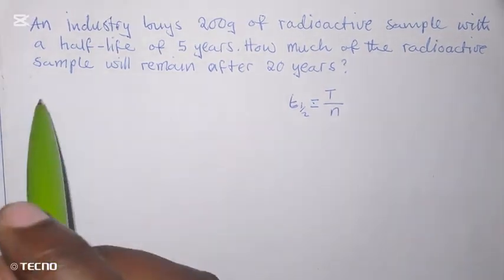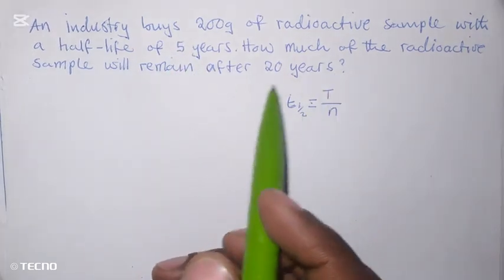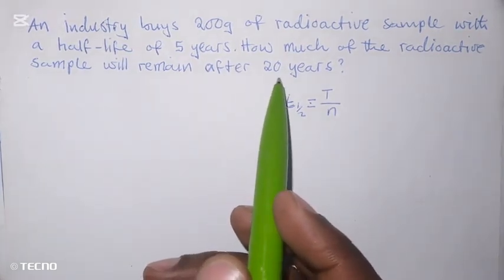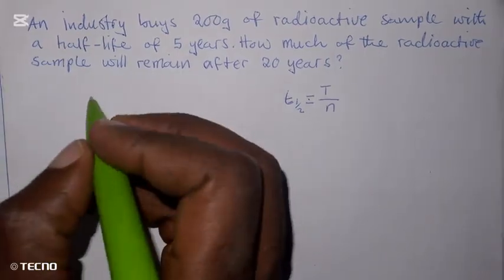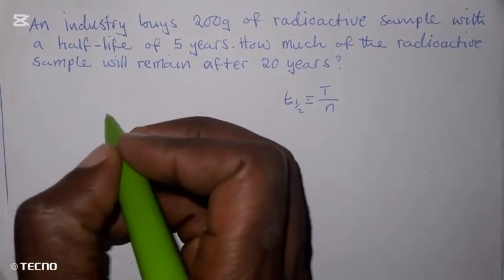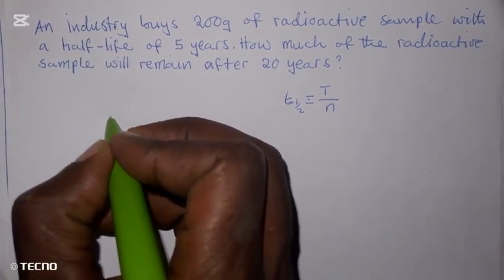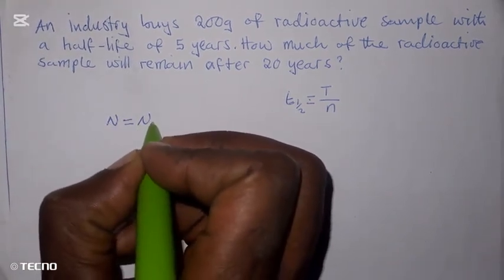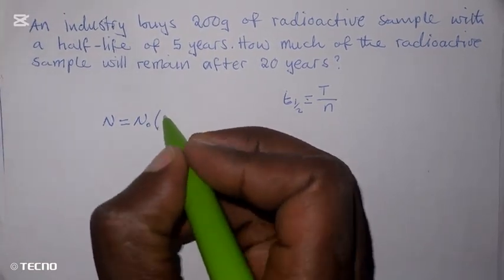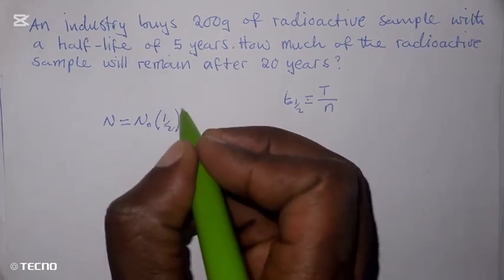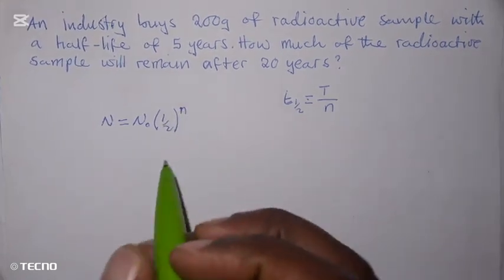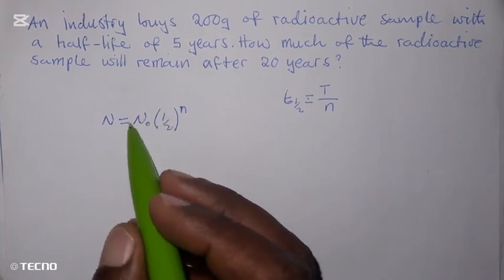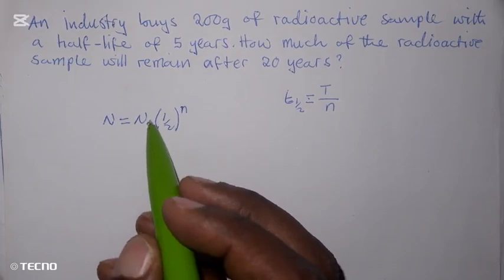Now what they want is the amount of the sample that will remain after 20 years. So for what will remain, we simply say N is equal to N initial times half to the power n, where N initial represents the initial substance that you have been given.